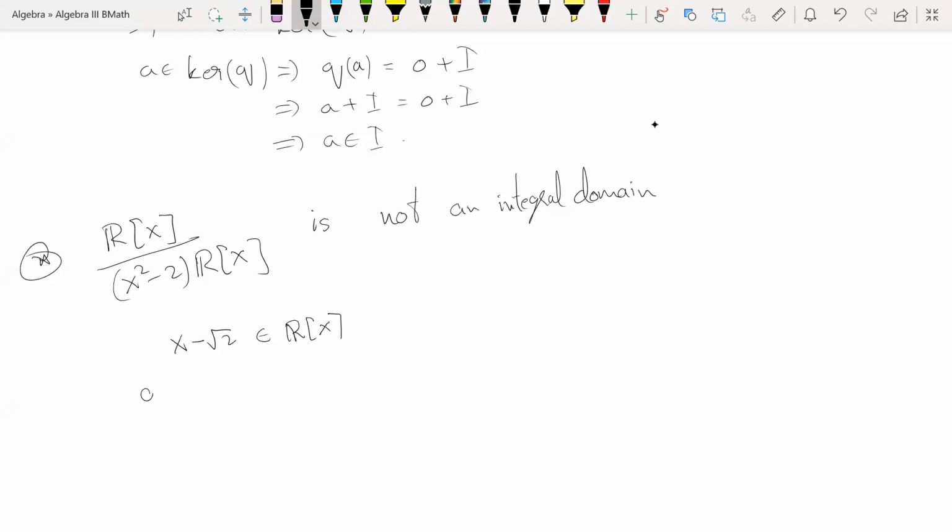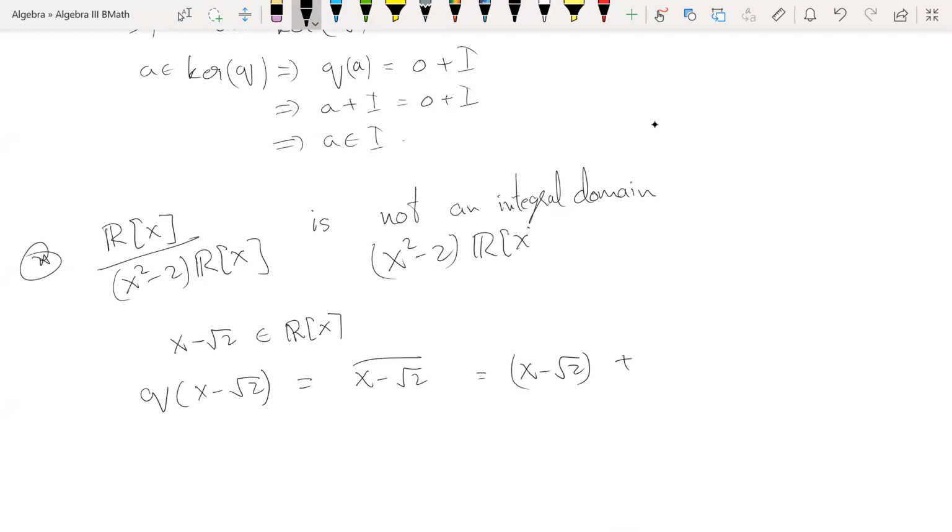So what is Q of x minus square root 2? There are many notations here. One way is x minus square root 2 bar, but if you like, you can use the notation x minus square root 2 plus I, where I give a name to this ideal so that I don't have to write it time and again.